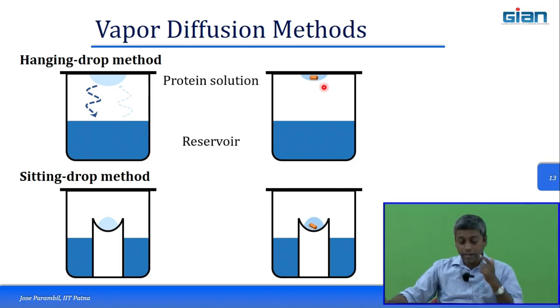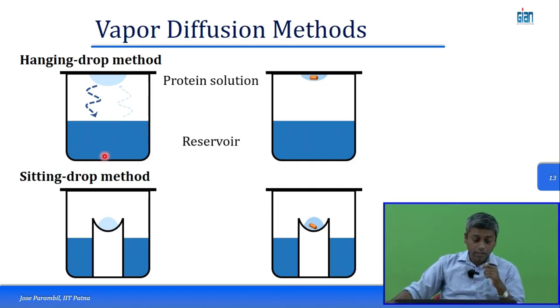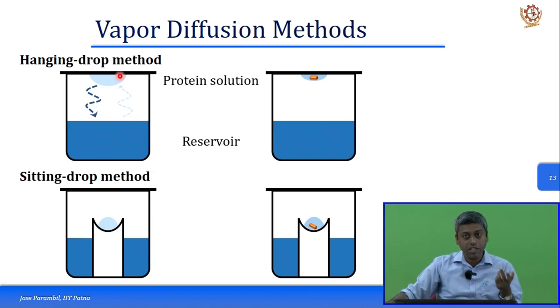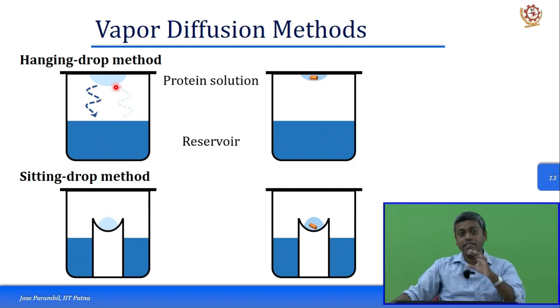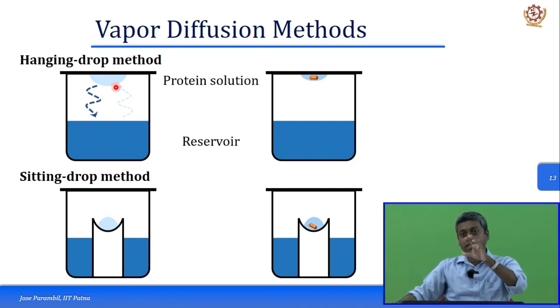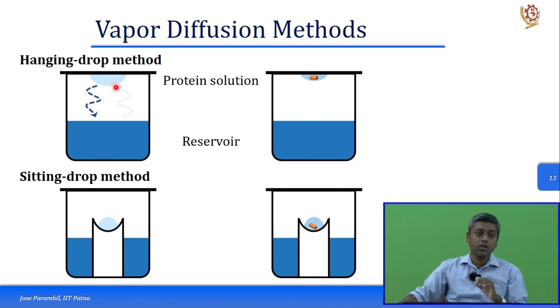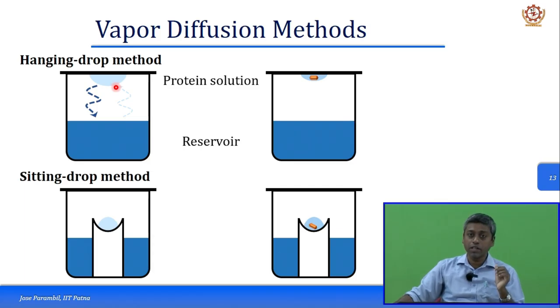So by fine tuning the concentration of the materials in your reservoir as well as in the protein solution, by changing the salt concentration, the buffer concentration, and the pH itself, all of these things can change the vapor diffusion rate, which can eventually lead to a very nice region that would hold the materials for quite a long time in the nucleation zone, in order to ensure proper nucleation of the protein.